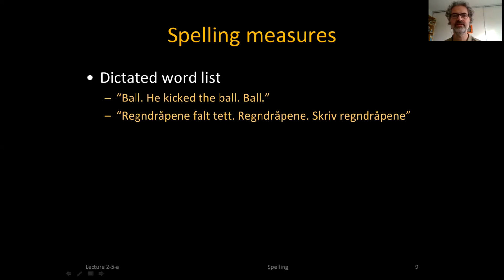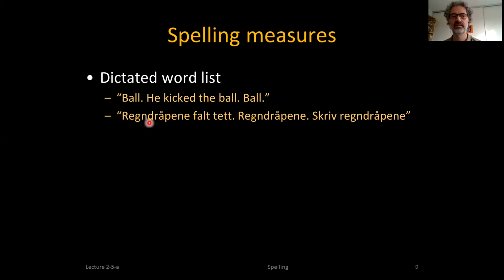It's completely disambiguated, but the child doesn't have to write down the sentence. So if you want the child to write the word ball, you say: ball. He kicked the ball. Ball. And so the child knows they're only required to write down the word. The sentence is given orally just for the context.